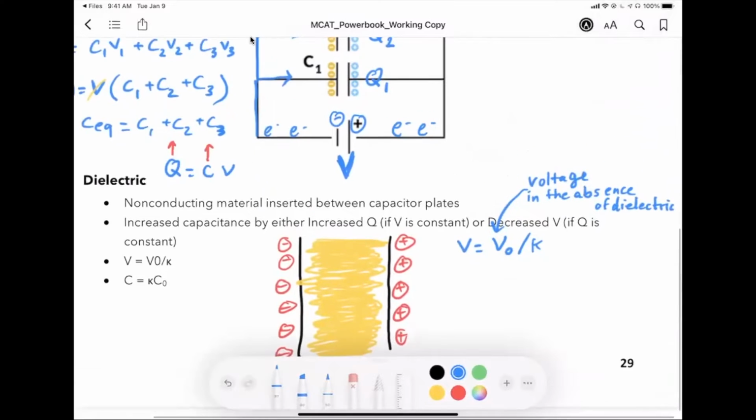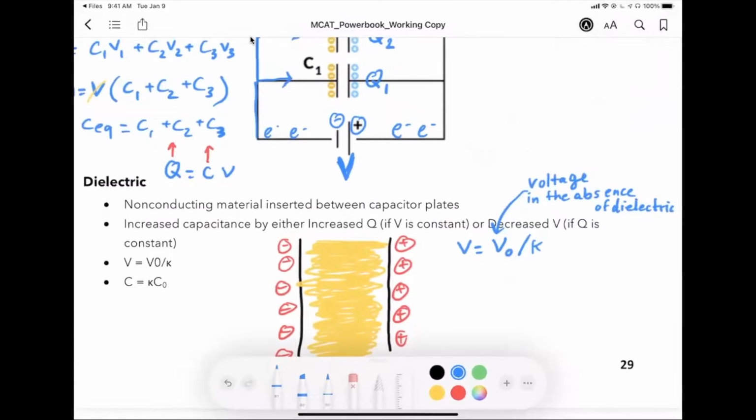And so the new voltage, if there is a dielectric present, this equation tells us that by adding a dielectric layer, there's an inverse relationship, right?